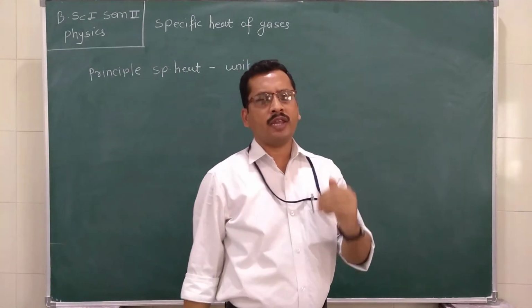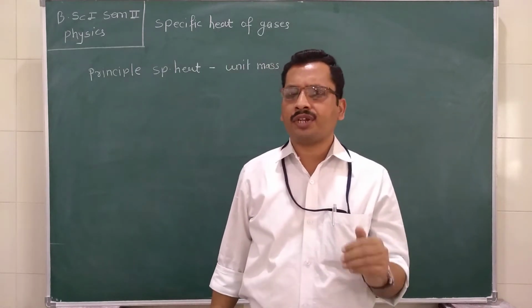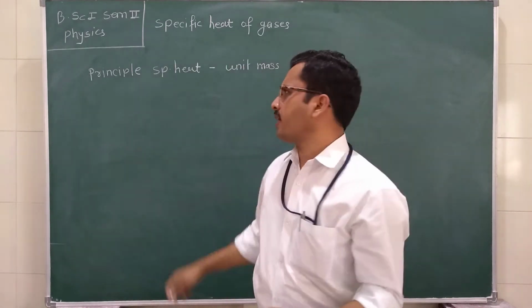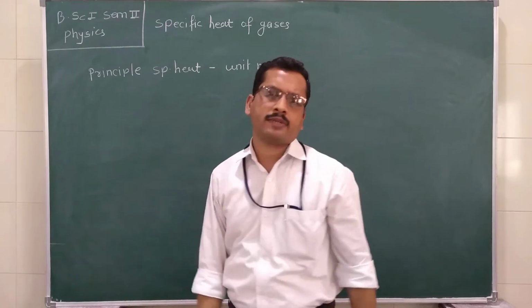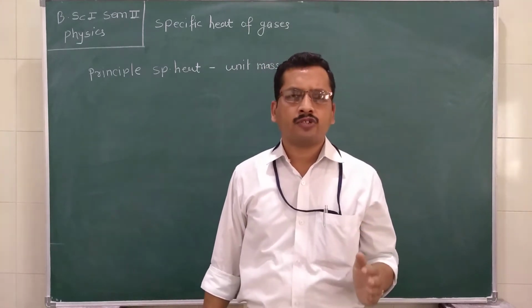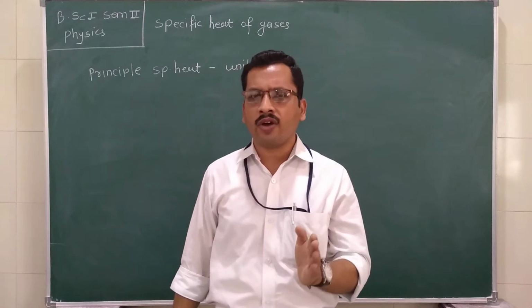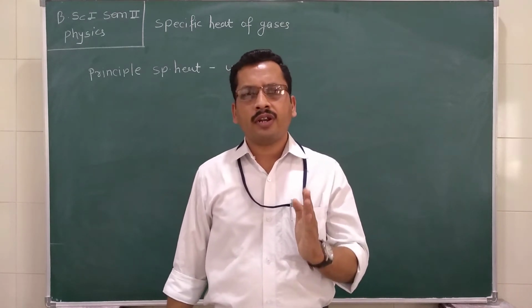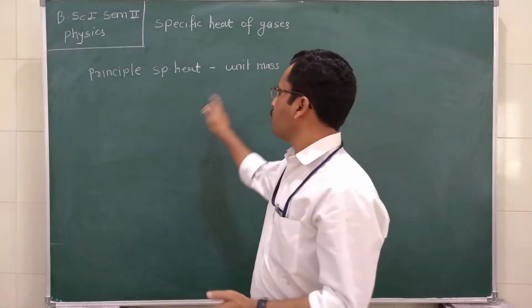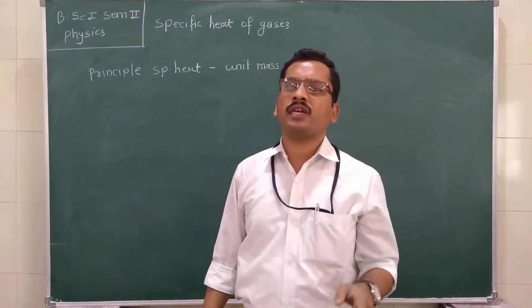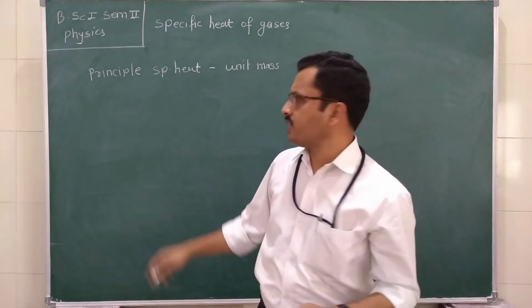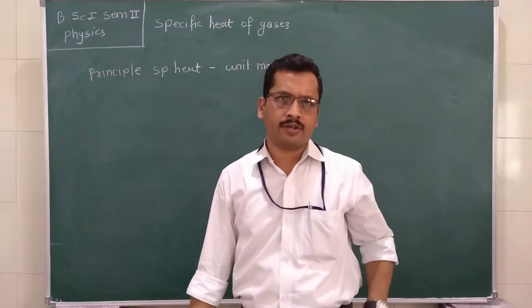Such type of heat is called a principal specific heat. Okay, so principal specific heat means the amount of heat required to raise the temperature of unit mass by 1 degree Celsius. Such heat is called the principal specific heat.